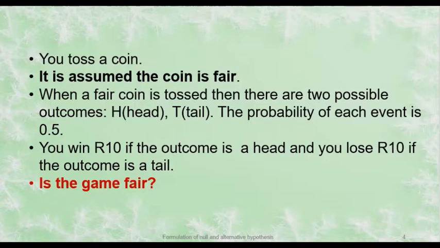When a coin is tossed, there are two possible outcomes, head and tail, but when a fair coin is tossed, the probability of each event is 0.5. In this game, you will win 10 rand if the outcome is a head, and you will lose 10 rand if the outcome is a tail. And we discussed that this game is a fair game because the expectation of income from this game is 0.